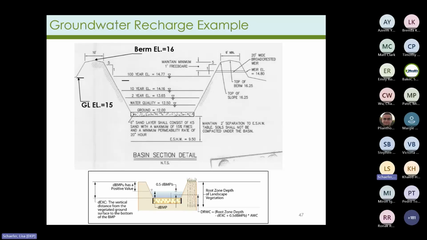All right, and so let's look at our design inputs. The dBMPU is the vertical distance from the vegetated ground surface to the maximum water surface level in the BMP. The vegetated ground surface in this case is not the top of the berm. It's the ground level surrounding the BMP, and that's at an elevation of 15 feet.